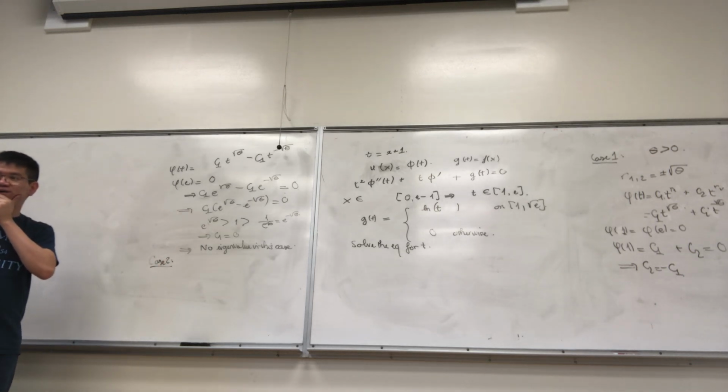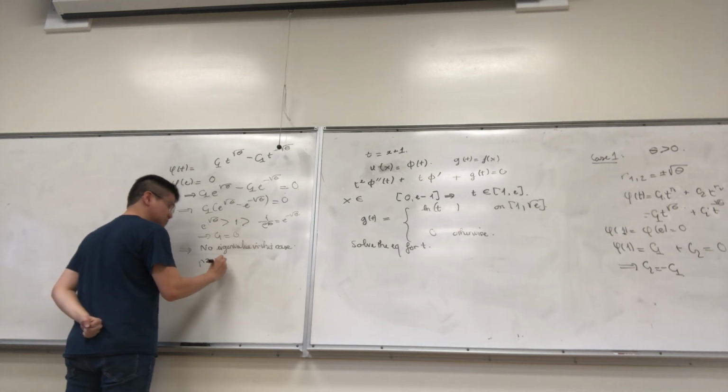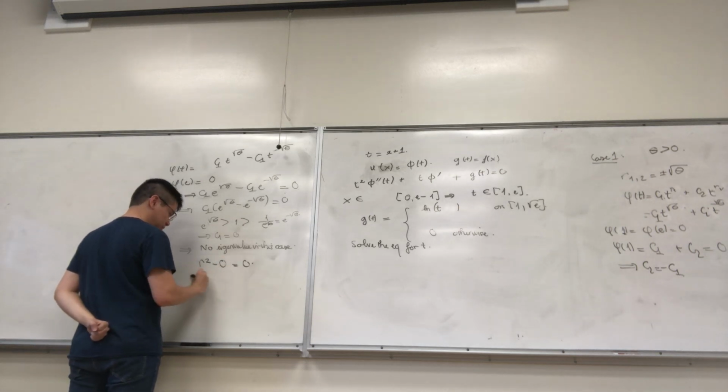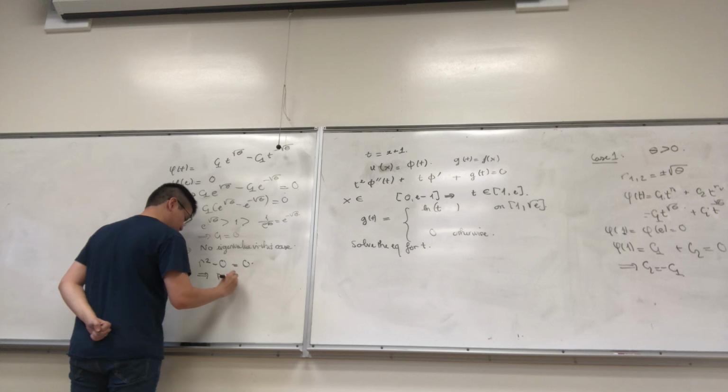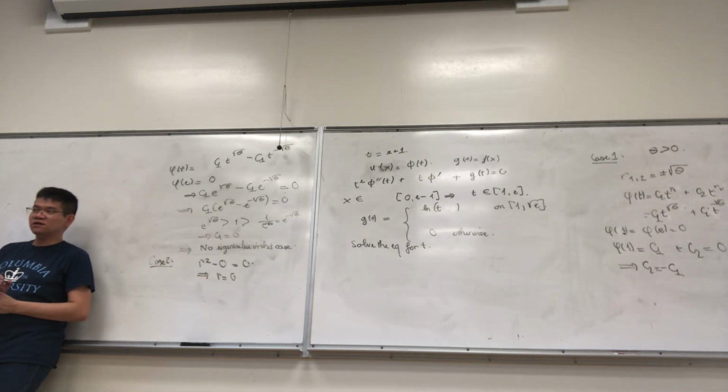Case number 2. What happened in case number 2? We have a double root of 0. So we have r squared is 0, which means that r is 0. So what is the form of the solution according to the formula that we have before?